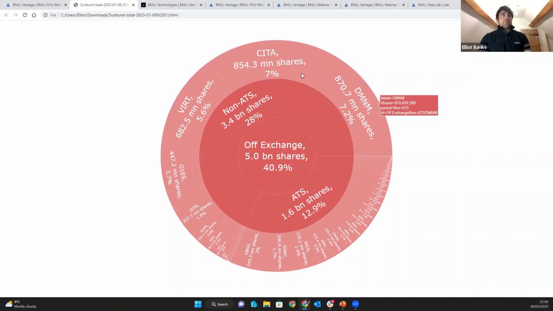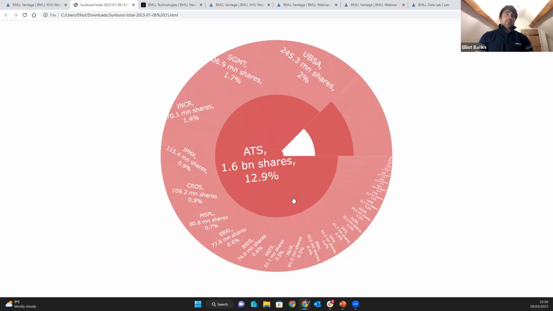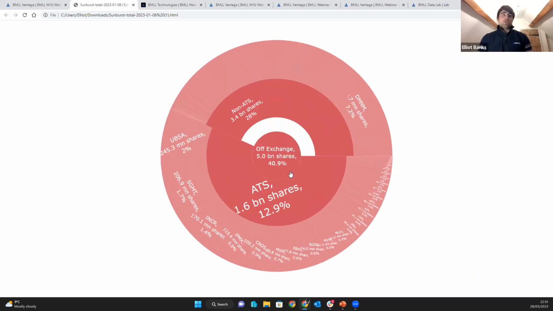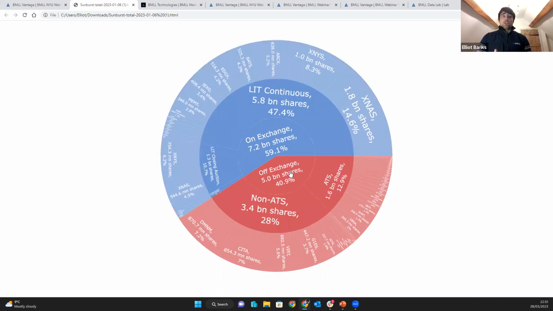There's a series of larger ones, Citadel, Virtu, and others who have their internalization systems and will have larger shares. Then we've got a series of the ATSs, which are essentially dark pools with minimal pre-trade transparency. You only see the trades that happen. You can't see what other participants are quoting, and again, there's a large, deep set of these venues which vary from very large to very small.